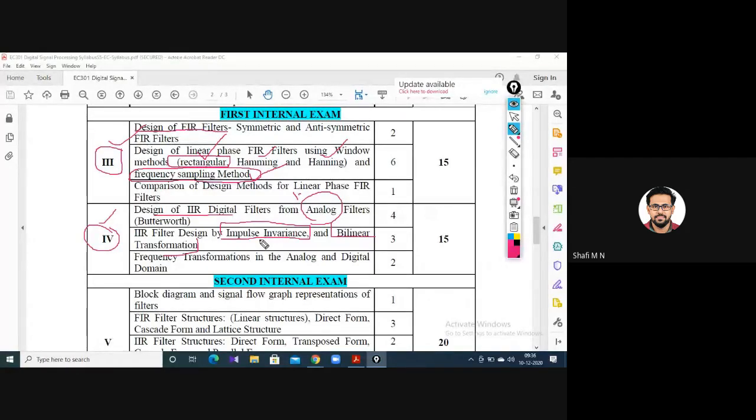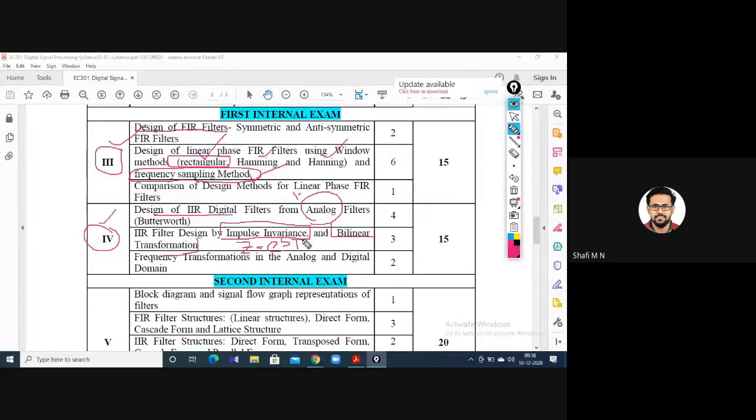The important thing you have to understand with the impulse invariance method is the concept that the substitution you are using is z equal to e raised to sT. So actually we are replacing e raised to sT with z, right? This is the mathematical substitution that's happening behind this. From this you should be able to prove that all the stable s-plane poles will be mapped to stable z-plane poles.